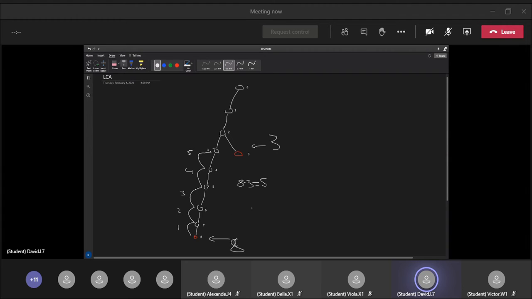But in our DP states, in our DP values, we already know what the fourth parent of node 8 is. We already know what this value is.